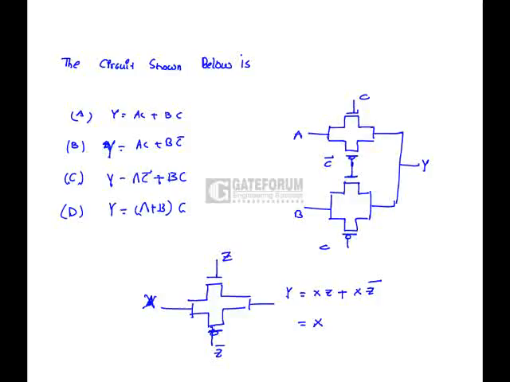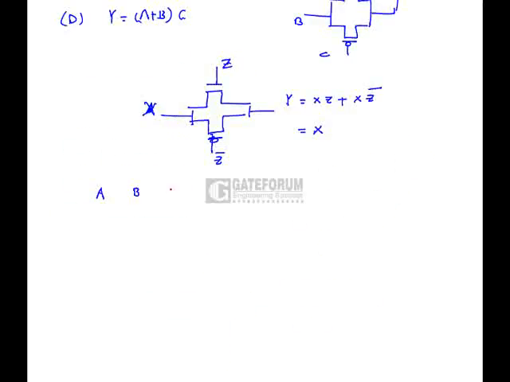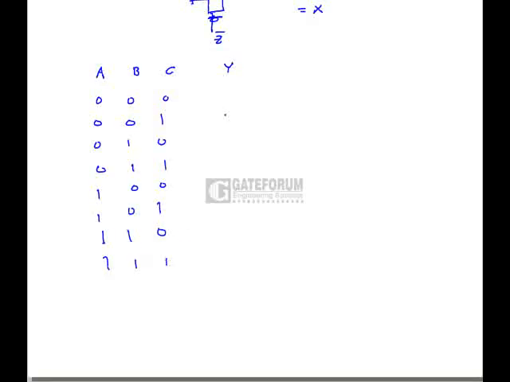Similarly, if we draw a truth table for this, A, B, C, Y: 0 0 0 0, 0 0 1 0, 0 1 0 1, 0 1 1 1, 1 0 0 0, 1 0 1 1, 1 1 0 1, 1 1 1 1. So for output expression Y, if C is 1, A is going to be passed to the output, so this is 0, 0, 1, 1.